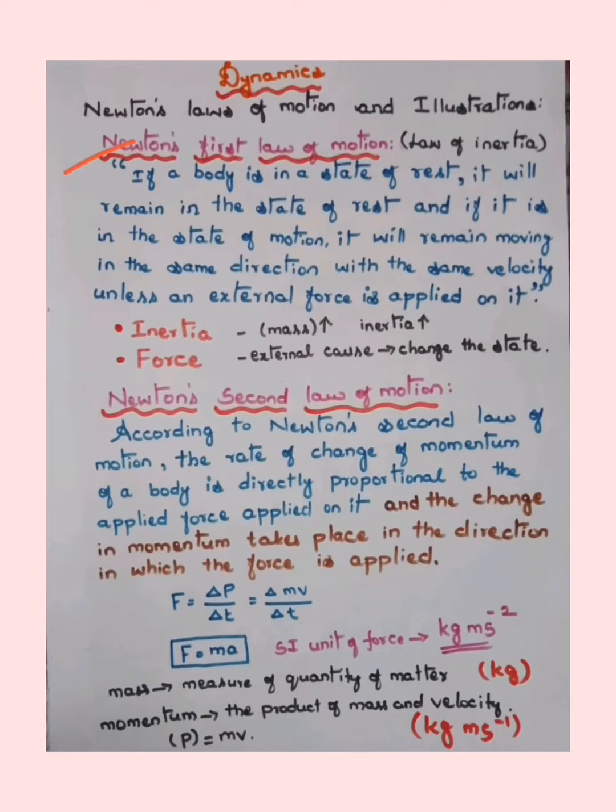Newton's first law of motion. We have already discussed inertia in the previous video. The link is given in the description box, please check it out. You will get an idea about inertia in an elaborated way. I will just repeat it here in short form. Inertia of an object is its state of being in a particular state, either a state of rest or a state of motion.